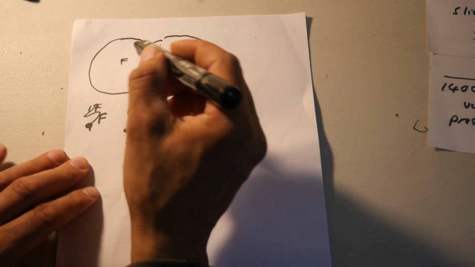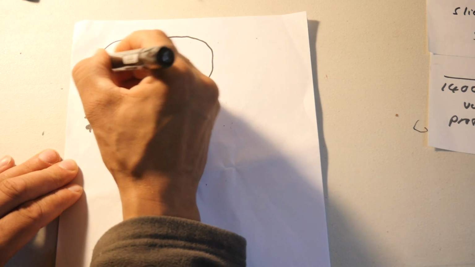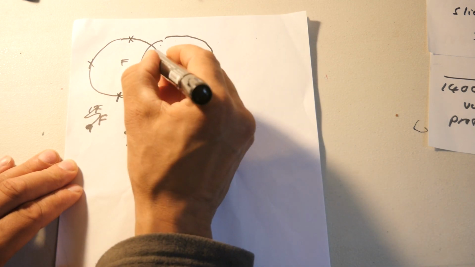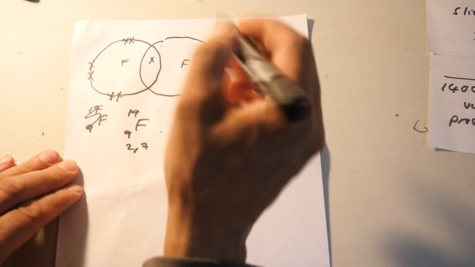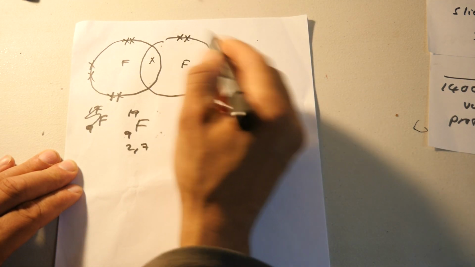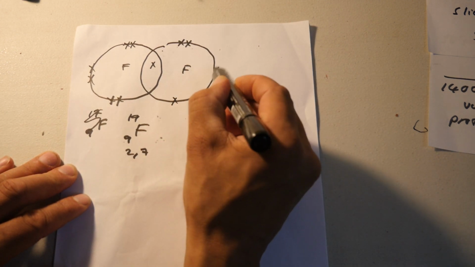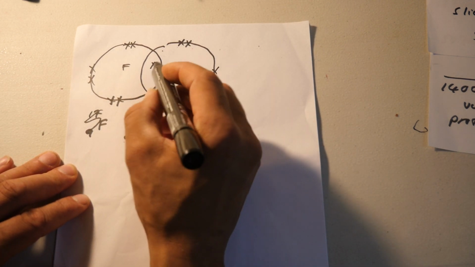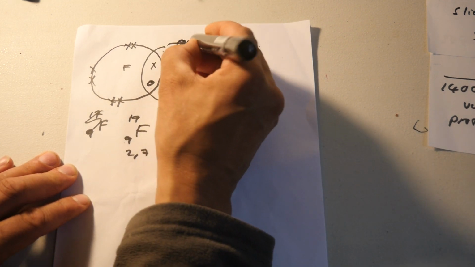So you draw them as 1, 2, 3, 4, 5, 6, 7, okay? It doesn't matter whether you do circles or crosses, it's the same effect. Actually, I'll do them as circles.